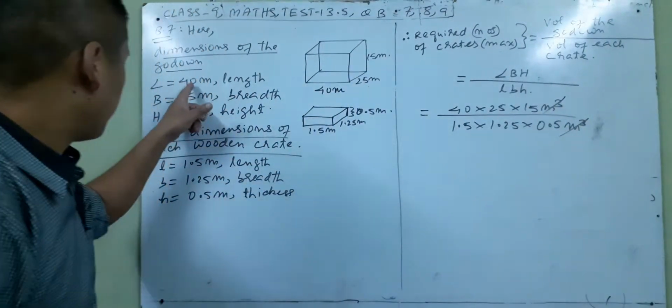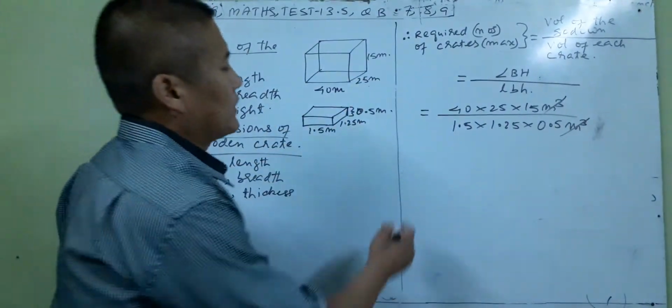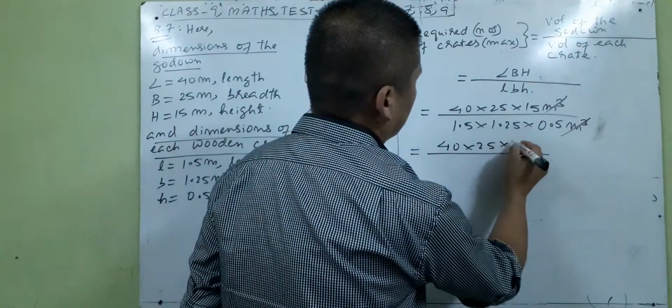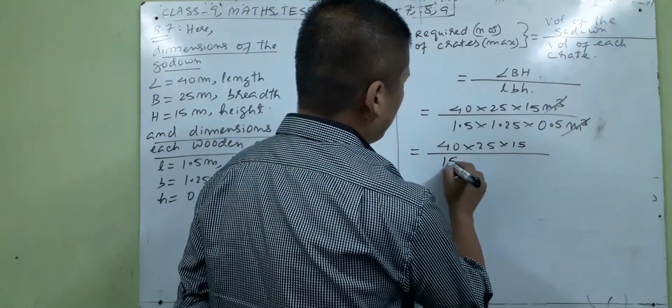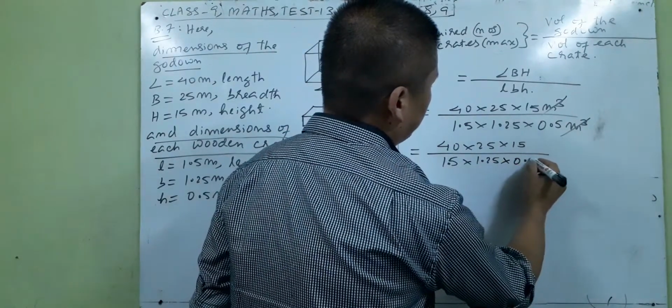Just putting the values in the right places: 40 into 25 into 15, and here 1.5 into 1.25 into 0.5.